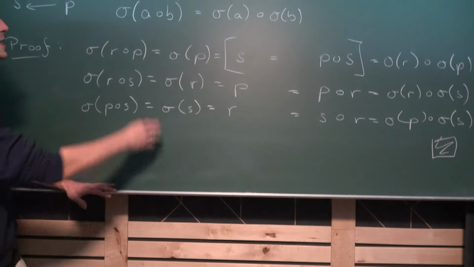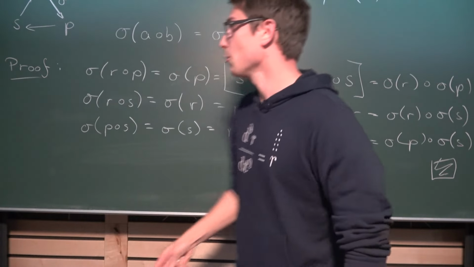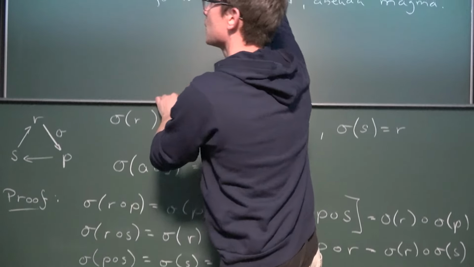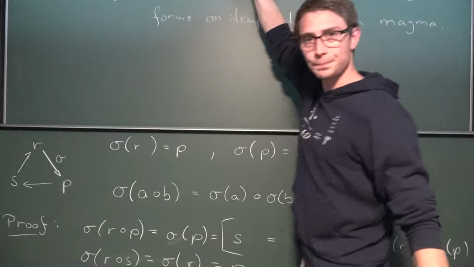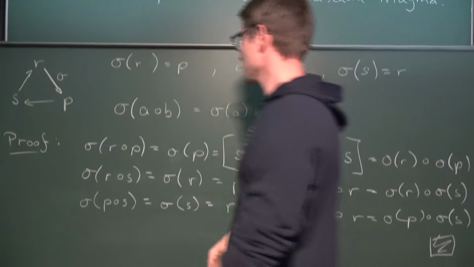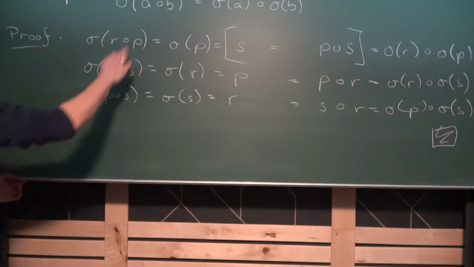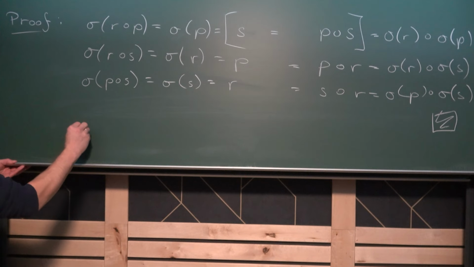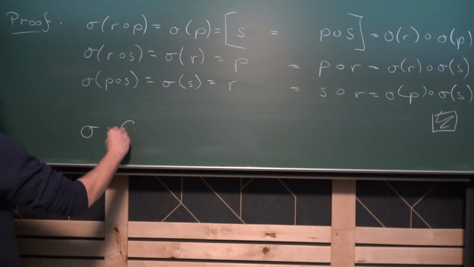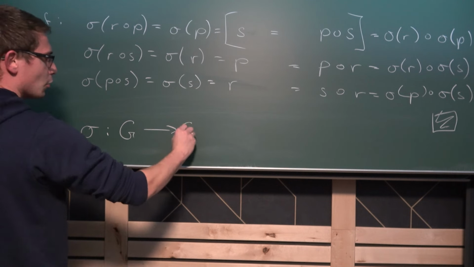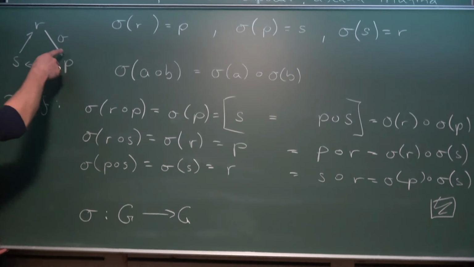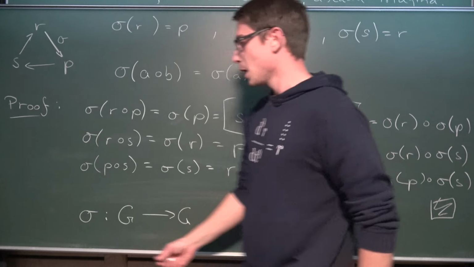We have shown that this right here is indeed a homomorphism on our original set G. Now, to make it more clear, what does that mean? What are we doing with our operation sigma, our arrow? That is just a mapping which takes an element of G and puts it on G once again, where we have defined that sigma is just this triangle right here, basically.